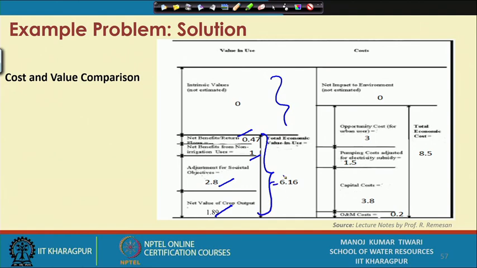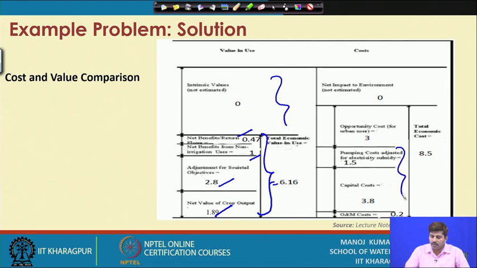On the other hand, the O&M cost is 0.2, capital cost is 3.8 and pumping cost is 1.5. So this is the total cost, and then adding the opportunity cost, because otherwise the water would have gone to the domestic sector, which is 3, this makes a total of 8.5.